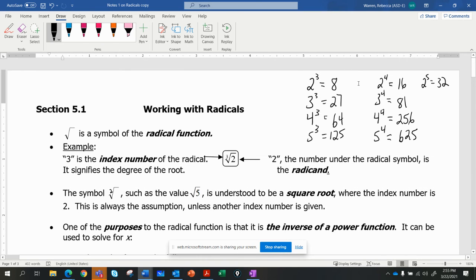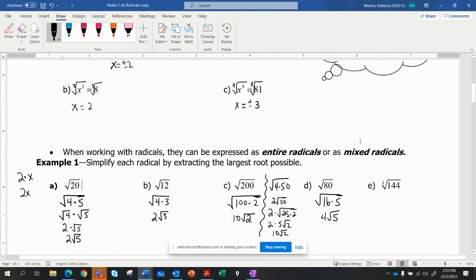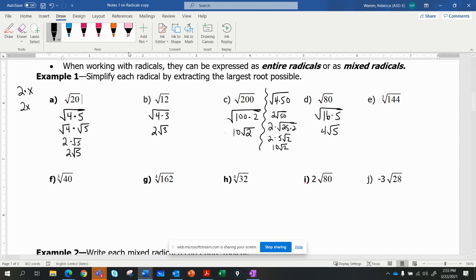144 divided by 8. Does 144 divided by 8 work? What's 144 divided by 8? I think someone said it. 18, good. So I'm going to do 8 times 18, and then it's a similar principle.